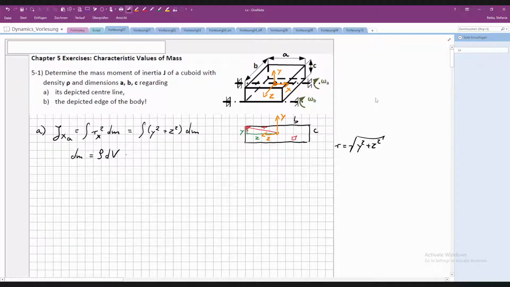And the volume for a cuboid can be derived by length times width times height, like this.